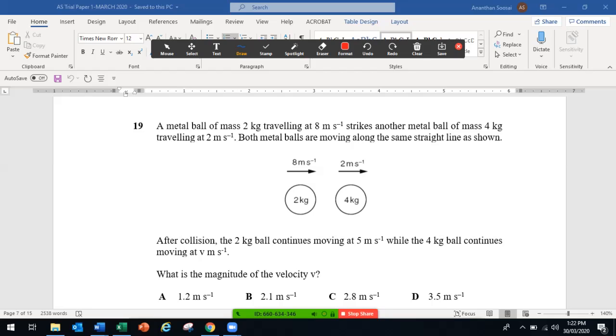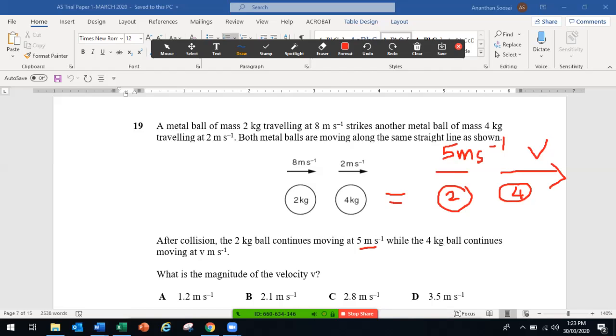We are not told which direction it moves. Then the 4 kg ball continues to move with V. The 4 kg should definitely move to the right due to the impact. What is the magnitude of the velocity V?